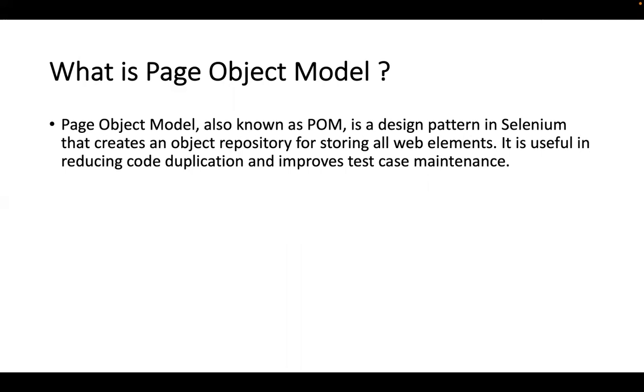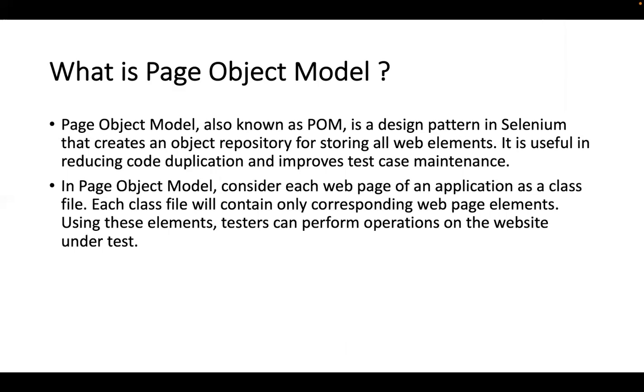So we are going to have a logical separation between the different web pages, and we'll be storing the elements of different pages in the respective class file. So it's very useful in reducing the code duplication and improving the test case maintenance. While implementing, maybe we will understand how it is helping.